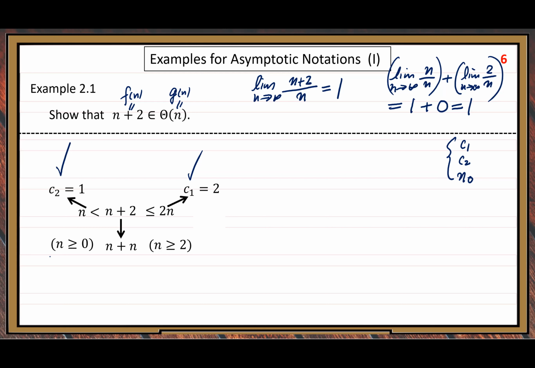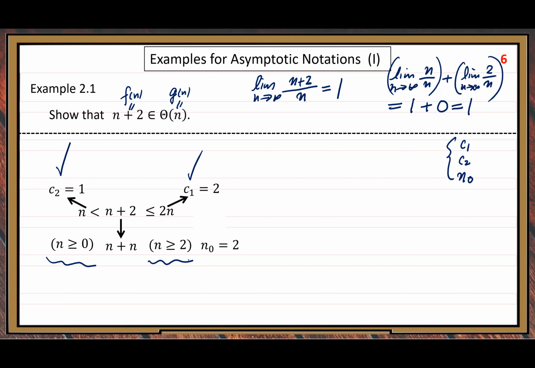N0 should make us satisfy both range conditions. Now, these two must be true. Then n0 equals 2. When n is greater or equal to 2, then n must be greater or equal to n0.